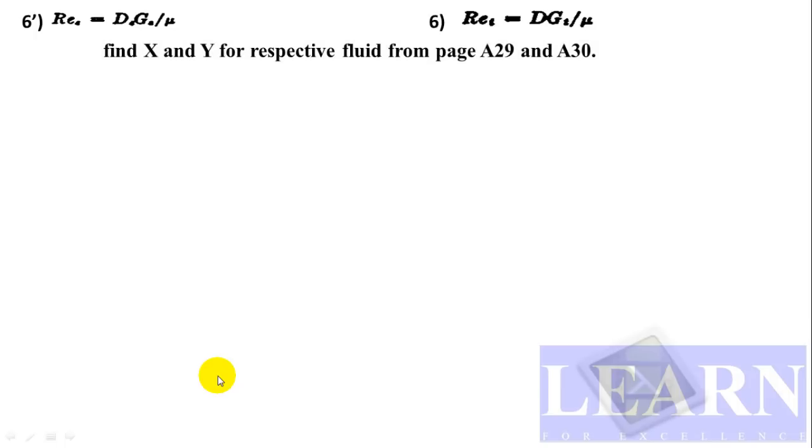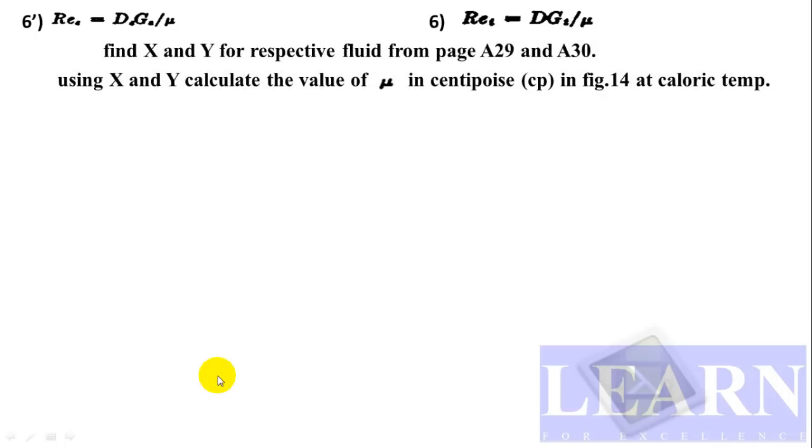So Reynolds number is given by Re is equal to dE into GS divided by mu, or for the tube side, d into GT divided by mu. GS is for the shell side and GT is for the tube side. In order to find the value of mu, we need to find the value of X and Y for the respective fluid from page number 829 and 830.